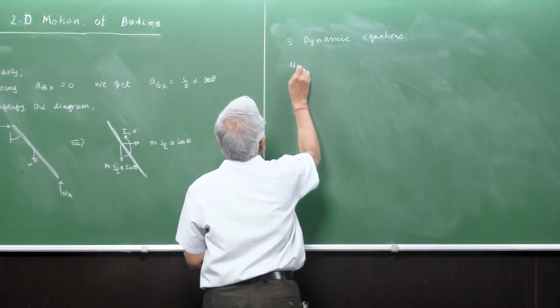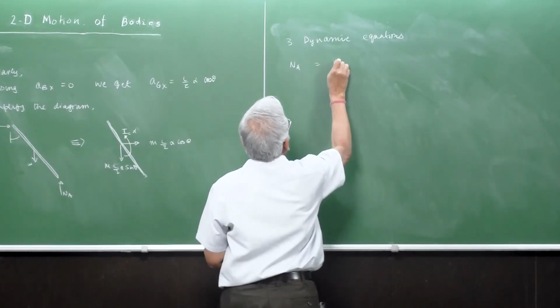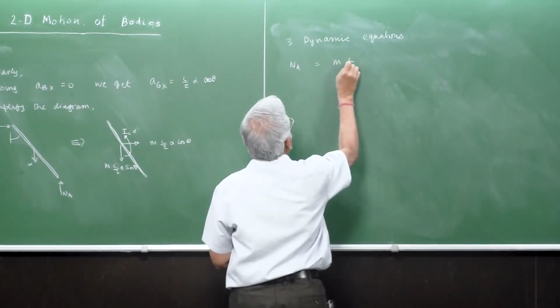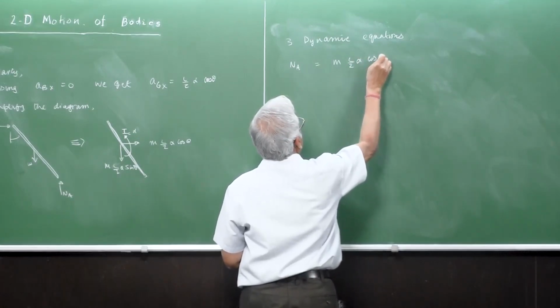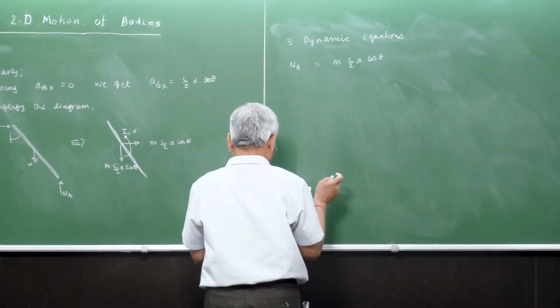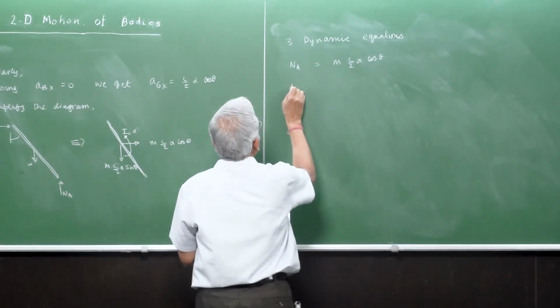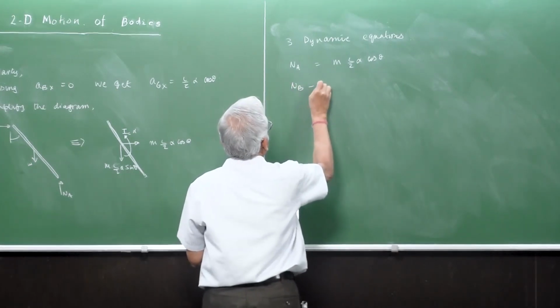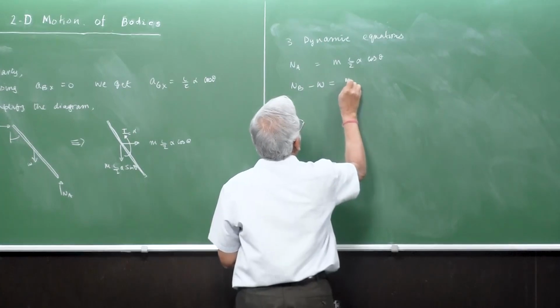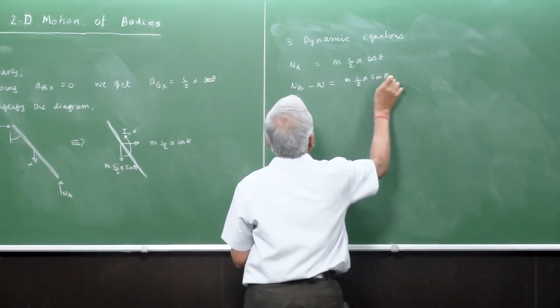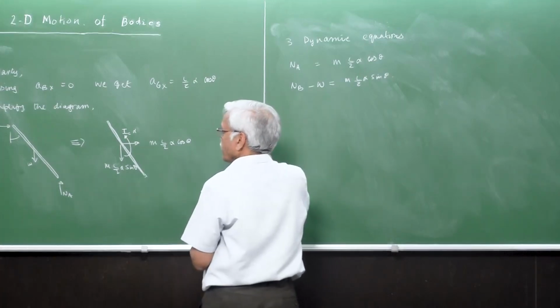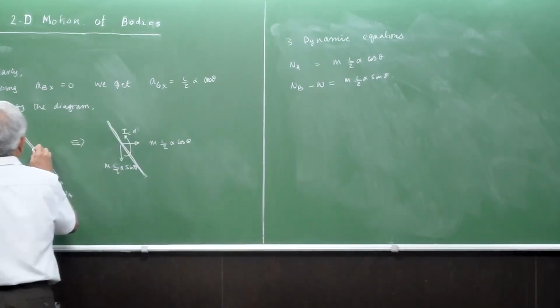So Na is M L by 2 alpha cos theta, right? So NB minus W is ML by 2 alpha sin theta, and moments about the point here.